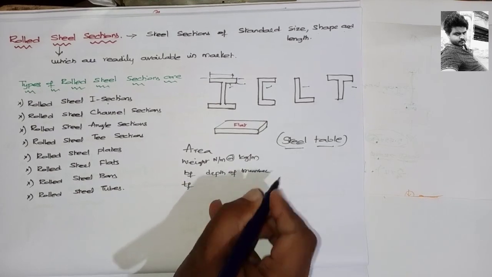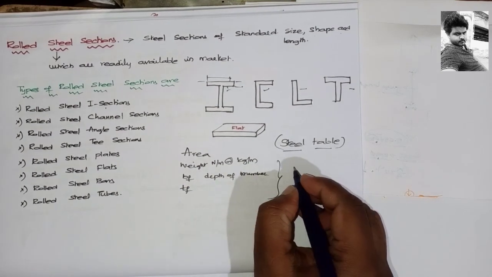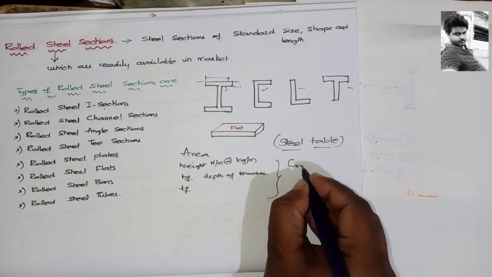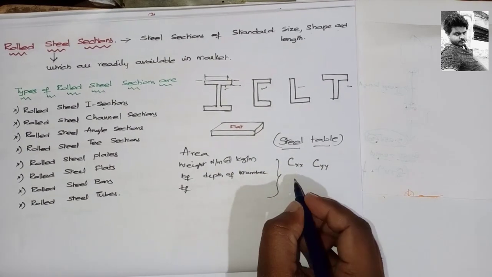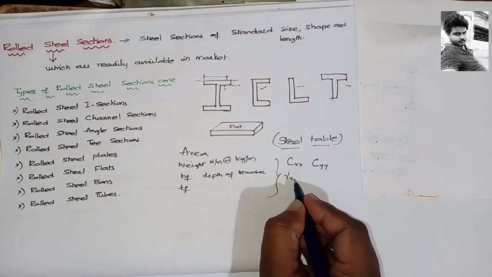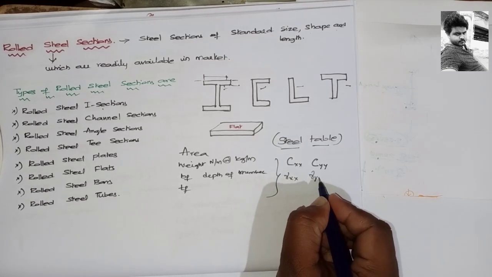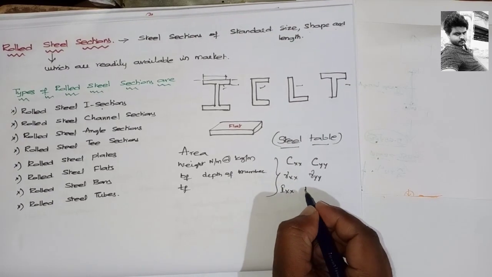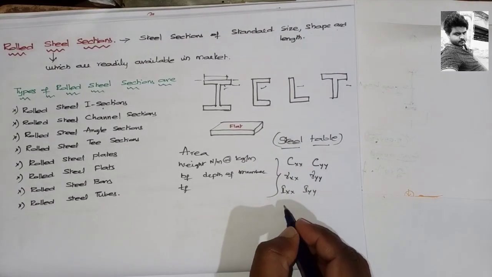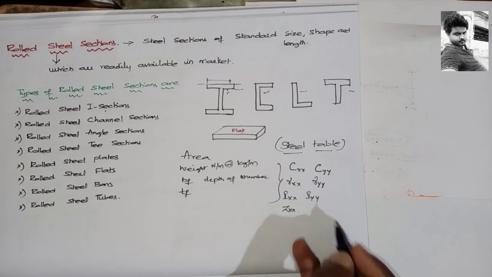Next, properties like centroid along x-axis, centroid along y-axis. Next, radius of gyration along x-axis and y-axis. Moment of inertia about x-axis and y-axis, and section modulus will be there.